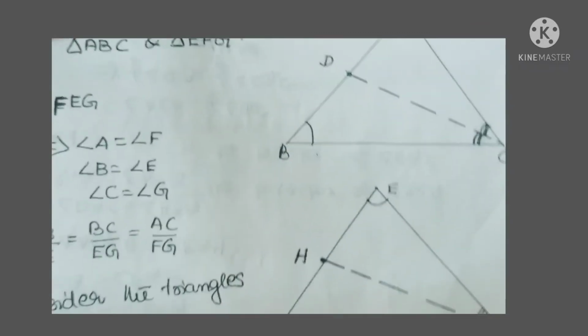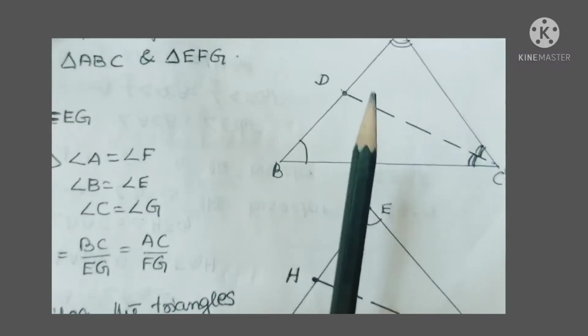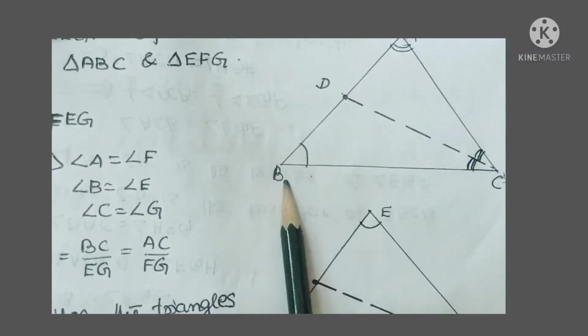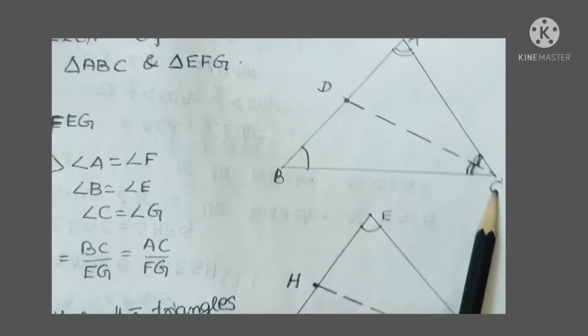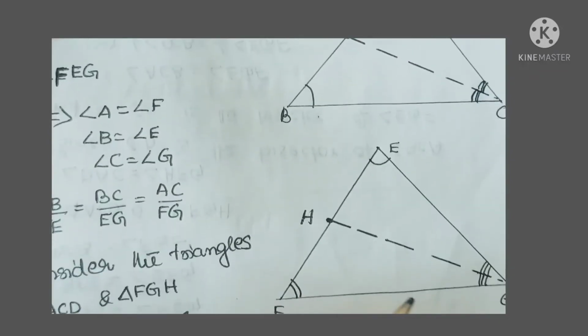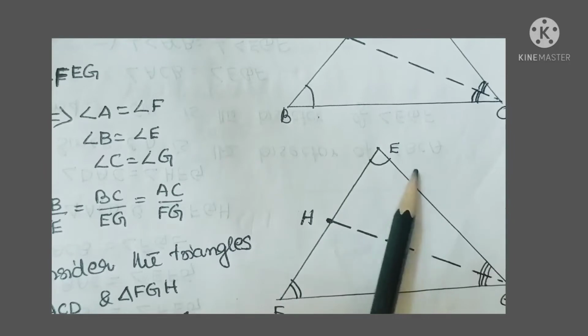So let us look into this figure. In triangle ACB, CD is the bisector of angle C. And in triangle EGF, HG is the bisector of angle EGF.